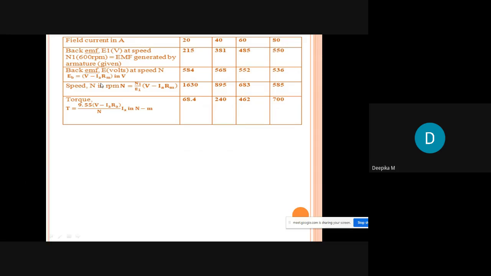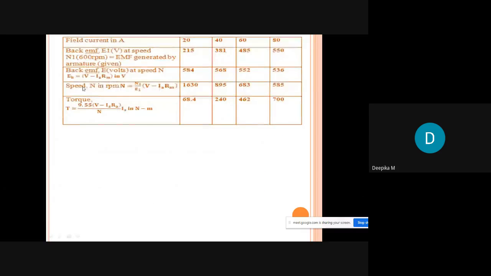So back EMF is nothing but what? V minus Ia into Rm, correct? Next, again, what is V? V is nothing but 600 volts, correct? So you can see here, V is nothing but 600 volts. Then Ia is nothing but 20 ampere, because in the series motor, field current is the same as the armature current. Hence, it is again 20, and motor resistance is 0.8 ohm.